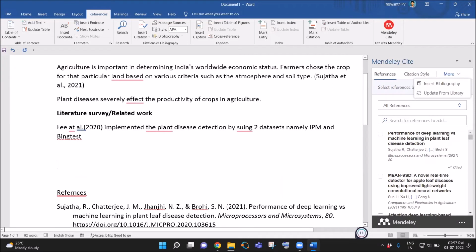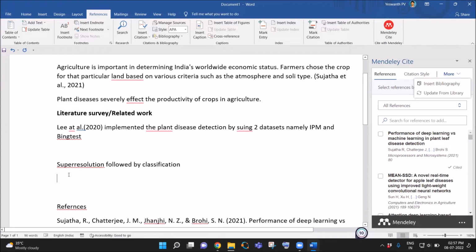For example, we are expecting the introduction for super resolution followed by classification. In this, we take the introduction from the super resolution papers, and also we take the introduction from the plant leaf disease detection papers.